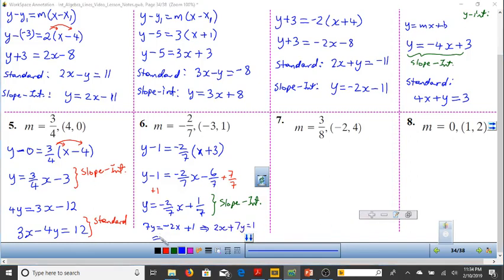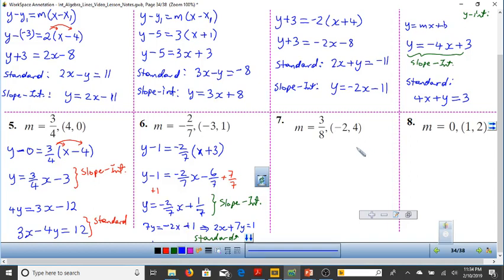And that is standard form. And it's a little tight, but I hope you can see how that works.